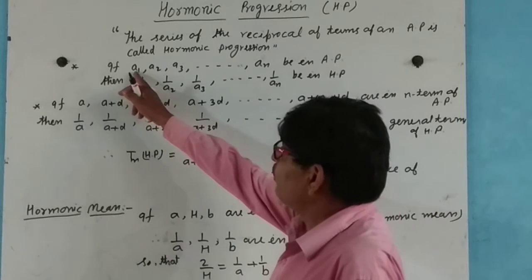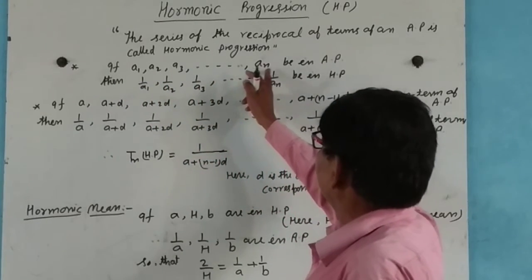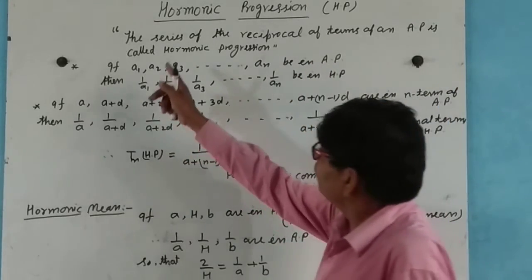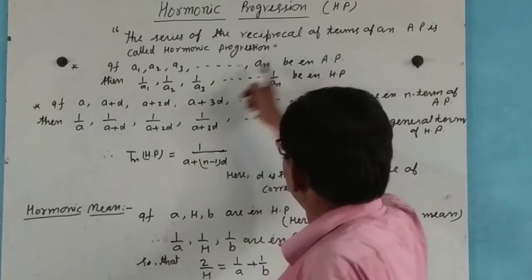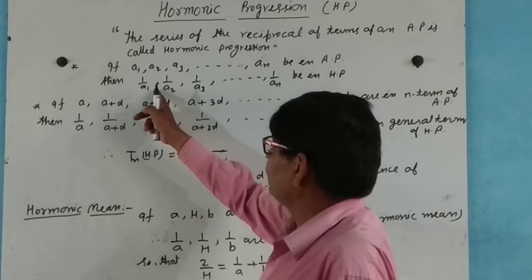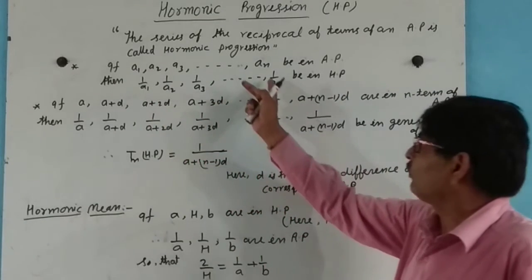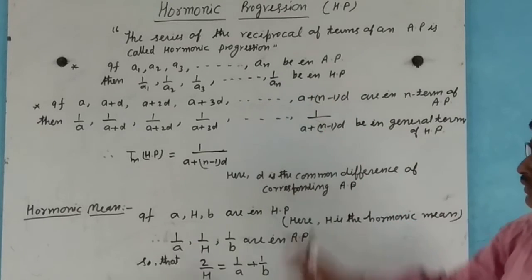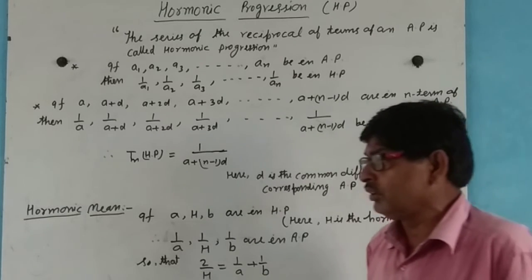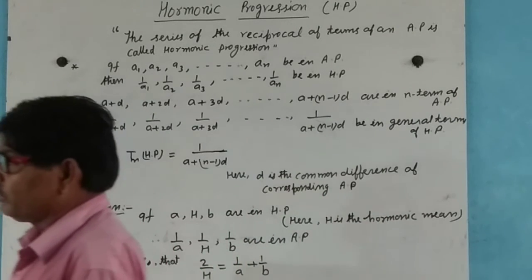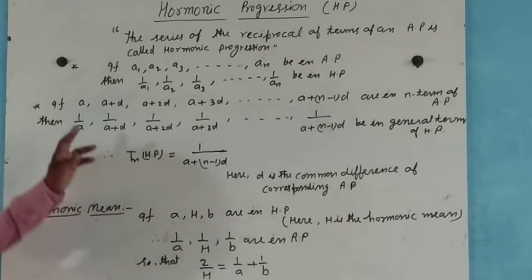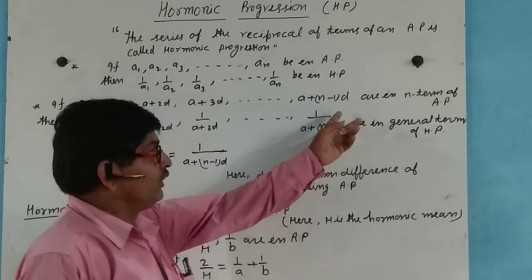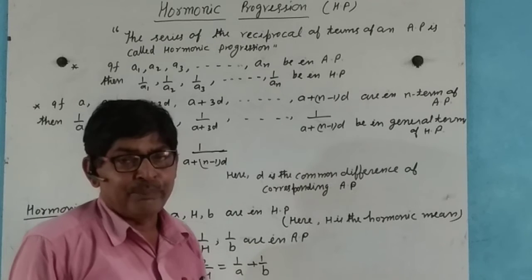Now here, if A1, A2, A3, dot An are in AP, then the reciprocals 1 by A1, 1 by A2, 1 by A3, dot 1 by An are in HP. In general, in an arithmetic progression, we take A, A plus D, A plus 2D, A plus 3D, up to A plus n minus 1 D as n terms of an AP.